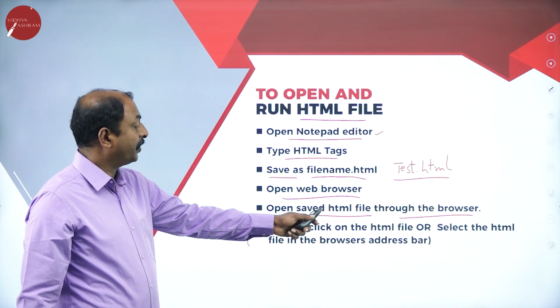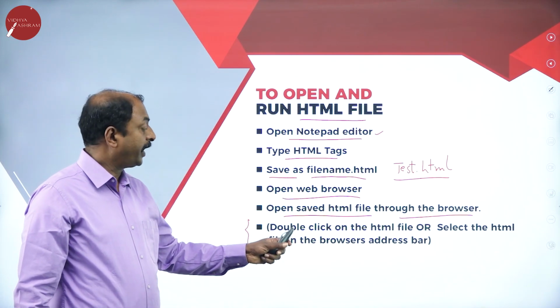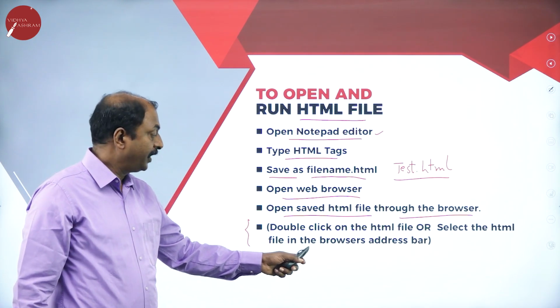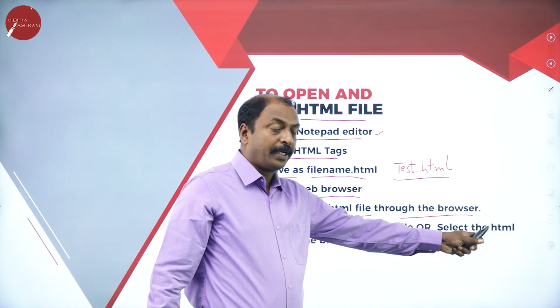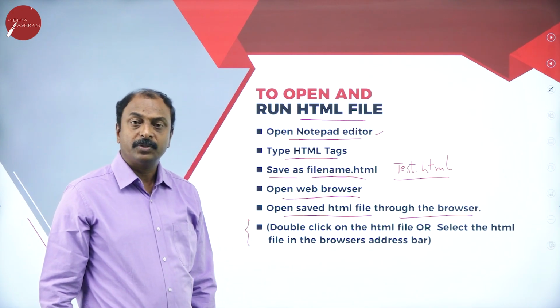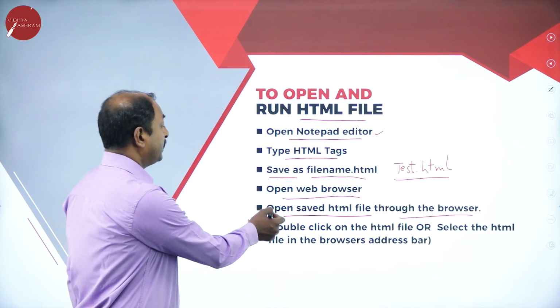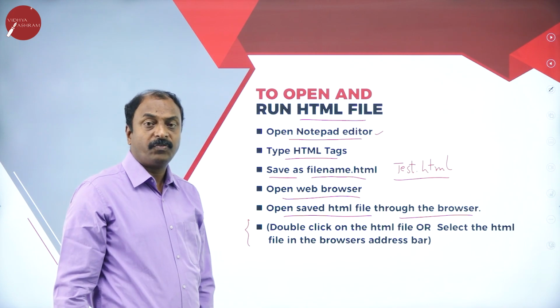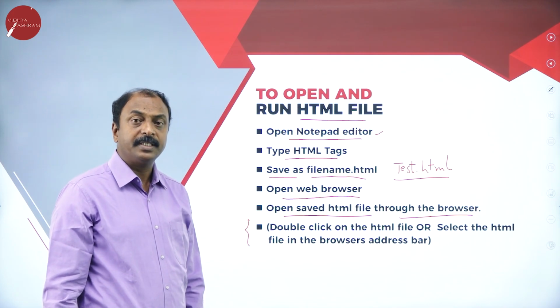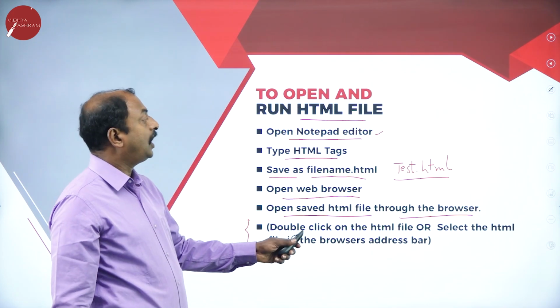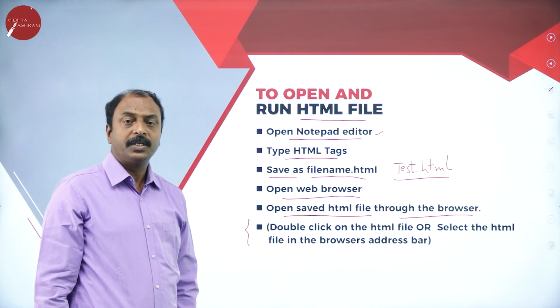So instead of following the previous steps, you can directly click on that file, and the HTML document will open in a web browser window. This is another method to open an HTML file saved in your computer. This is how to work with an HTML document.